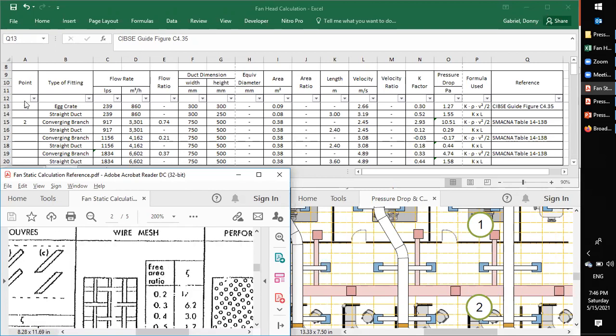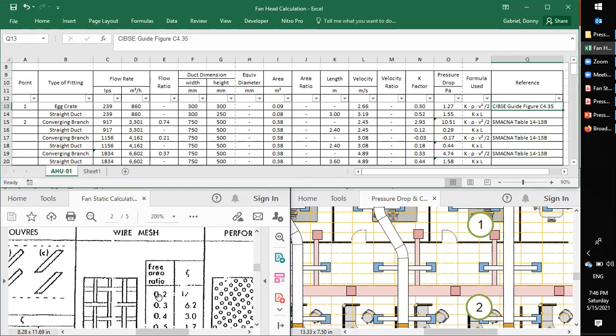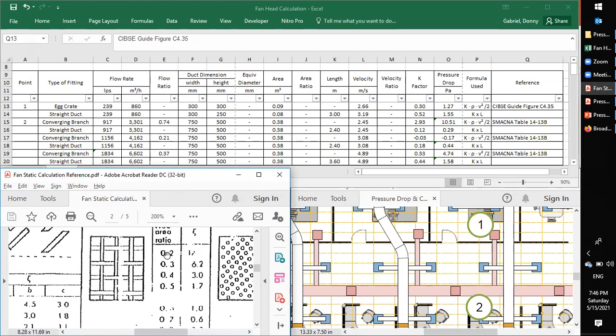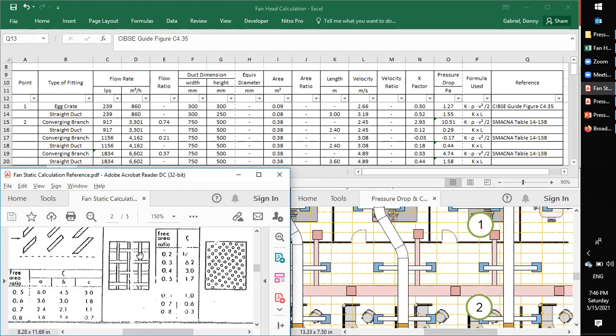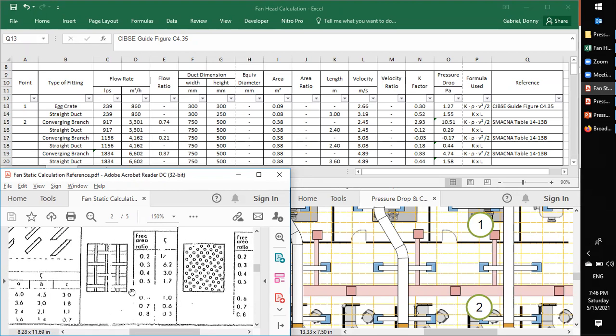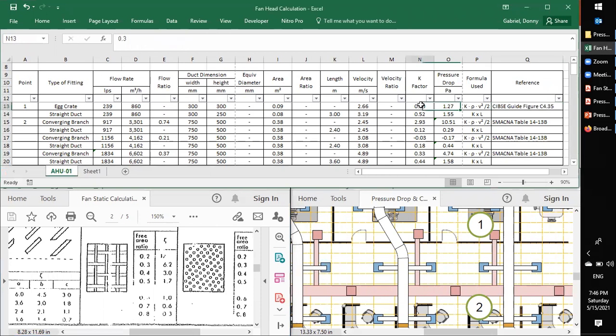Wire mesh free opening assume at 80%. Free area ratio, wire mesh, 80%. The K factor is 0.3. So we wrote there 0.3. Calculate using this formula, you will get the pressure drop of this much.